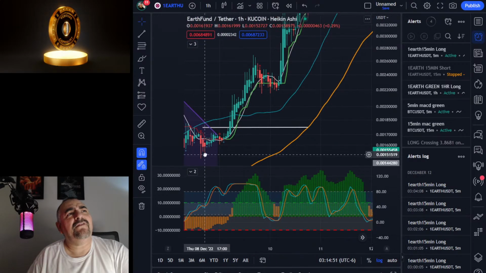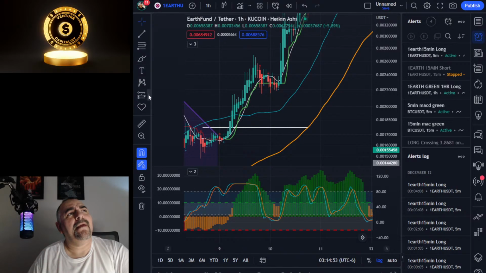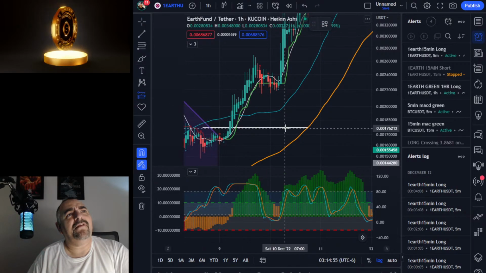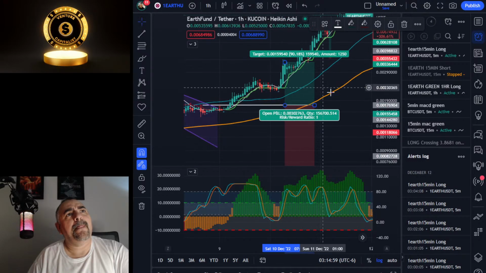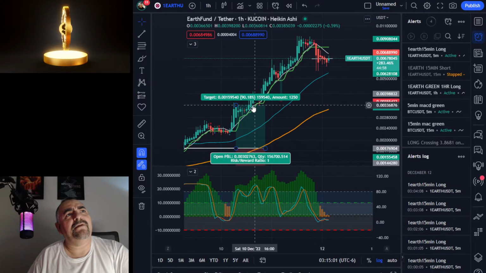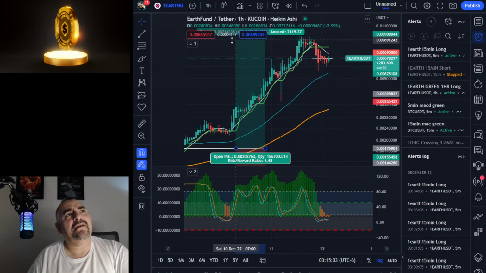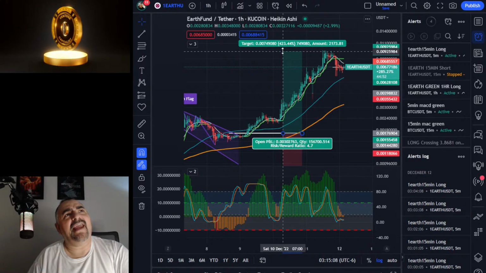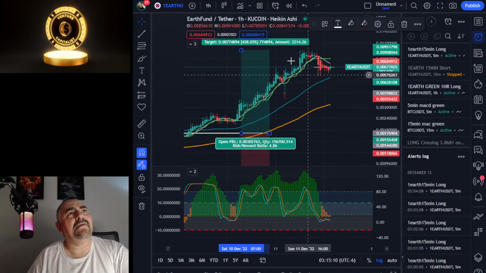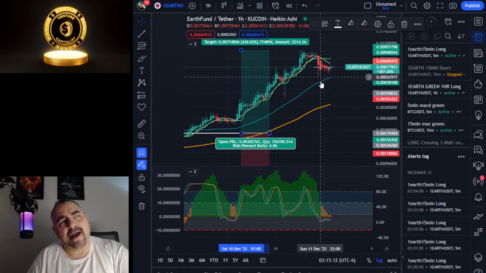And what that means right here is this long position has already brought the opportunity of 400% gains, 438% gains, and this is our pullback, right?